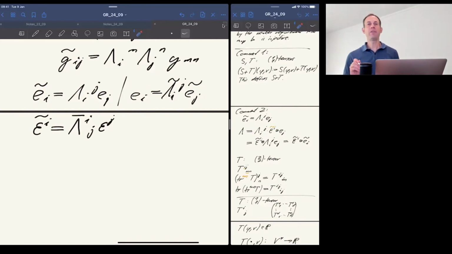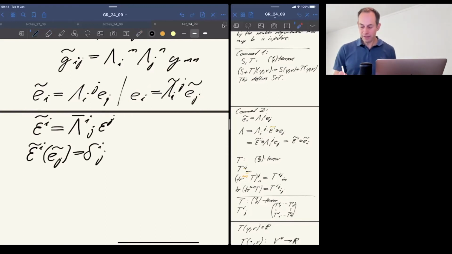That's actually something that I think we did almost last time. What you can do is insert the two expressions into each other. What you know is that by definition epsilon tilde_i applied to some e_j tilde has to be the delta function. That's the definition.